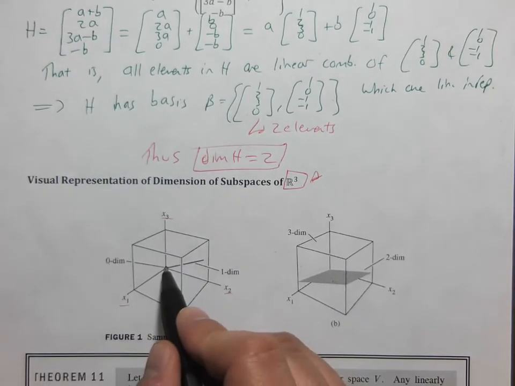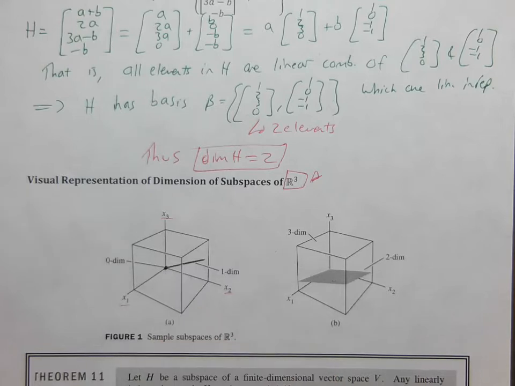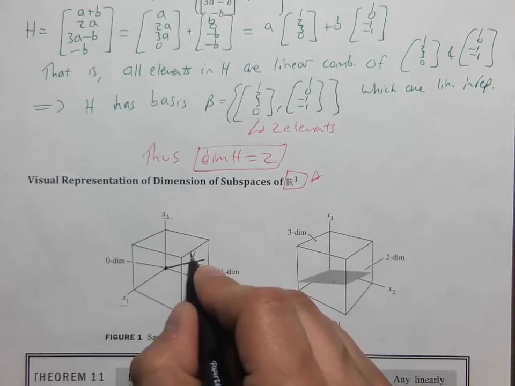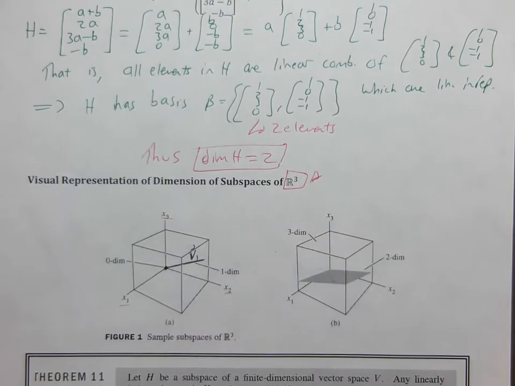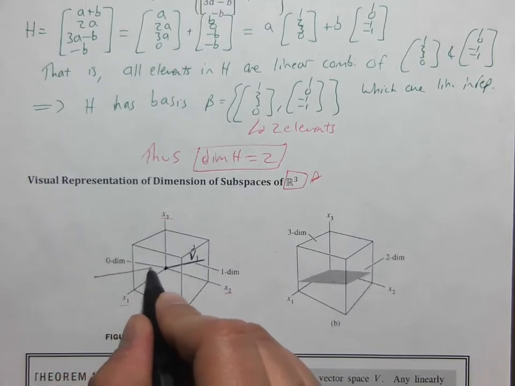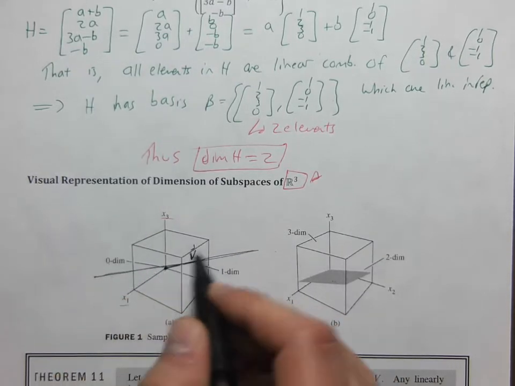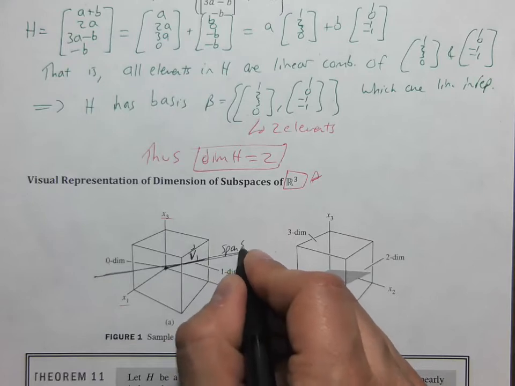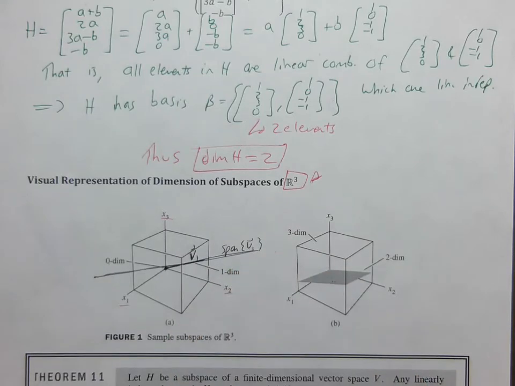But a line in the space is one-dimensional. If this is, let's call it, vector v1, the span of that vector would be this entire line. We talked about this in the span section in chapter 1. I think you would agree that a line is one-dimensional, practically speaking.